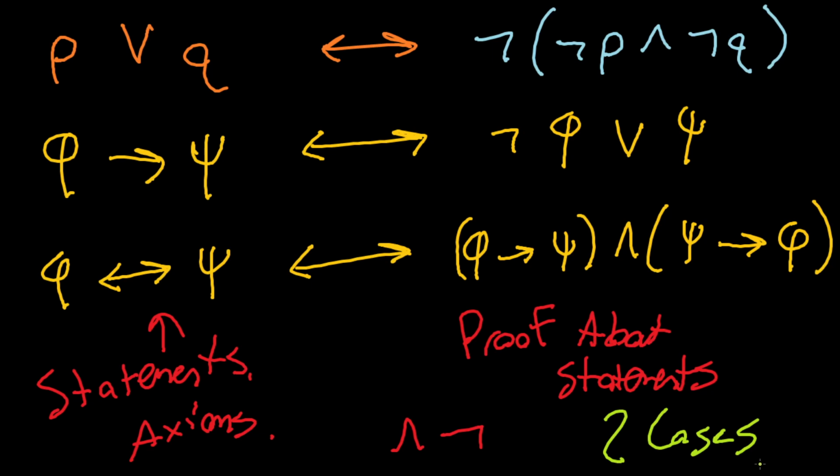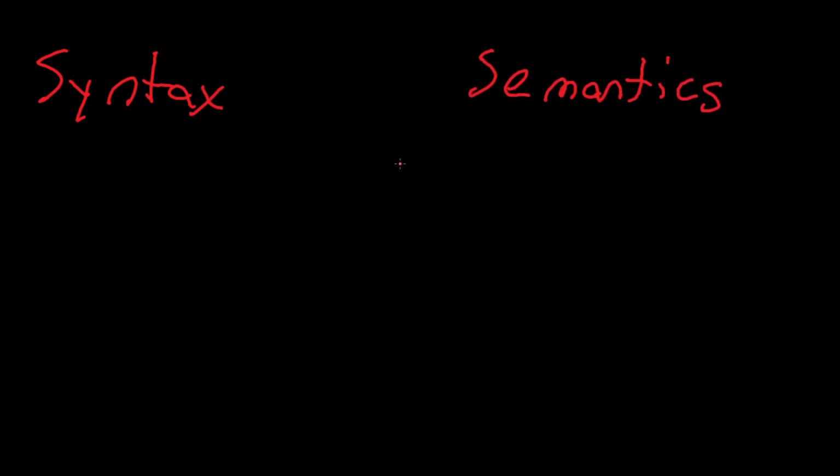So I'll make a small note here of the distinction between syntax and semantics. These aren't defined precisely mathematically, but this is helpful verbiage to have, because it's a good framework.